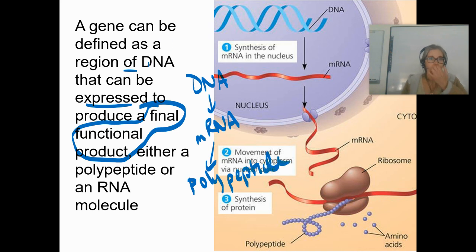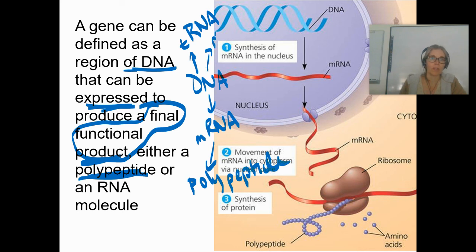So a gene can be defined as a region of DNA that can be expressed, used, shown, to produce a final functional product. That product can be a polypeptide, or it could actually code for something else like transfer RNA. Transfer RNA is needed to make a polypeptide, but it doesn't give the code for a polypeptide.